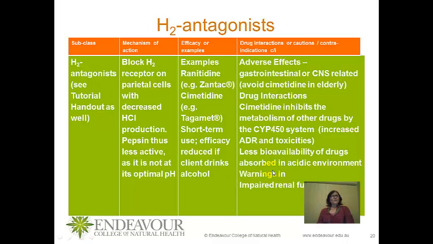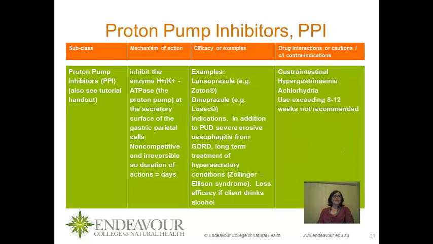Also, there are some drugs that need an acidic environment to be absorbed, and their bioavailability will be affected while the person is on this drug which reduces hydrochloric acid levels. Excretion via the urine is important, and so for people who do have impaired renal function, there may be a warning on the use of H2 antagonists.